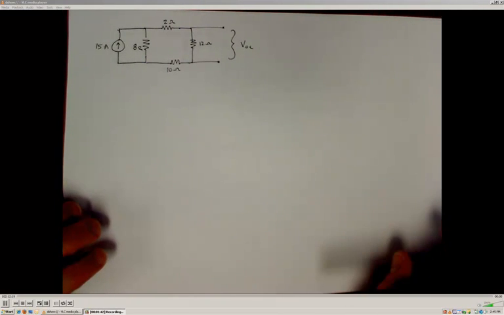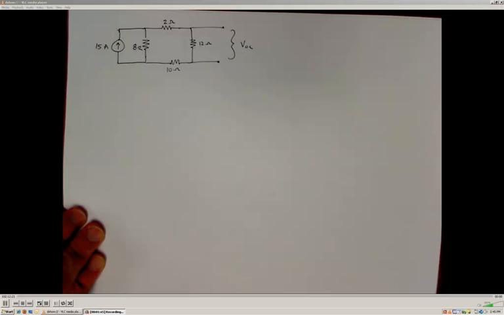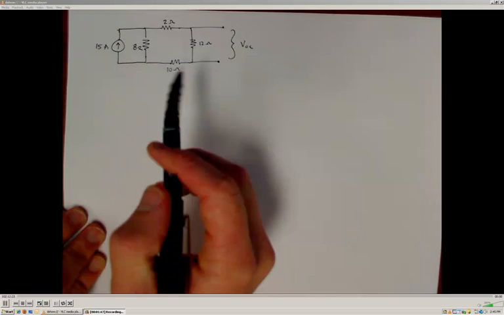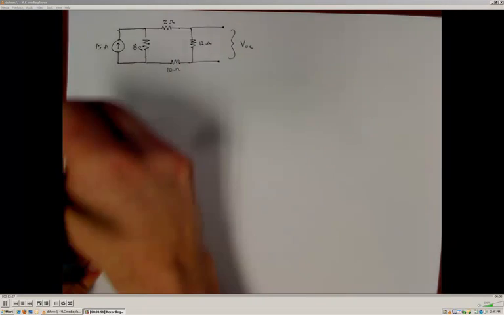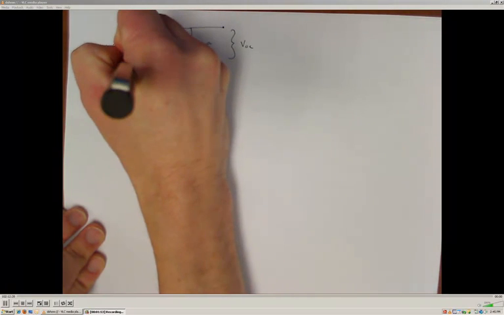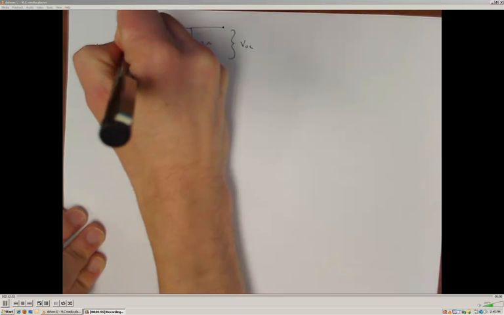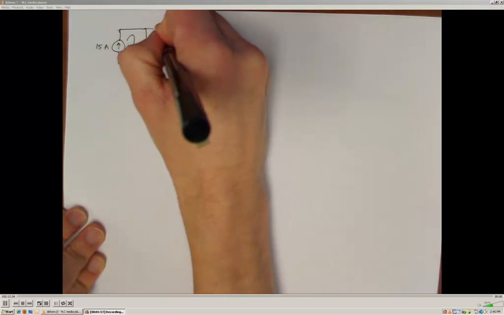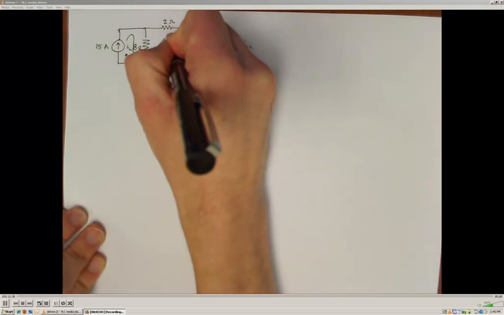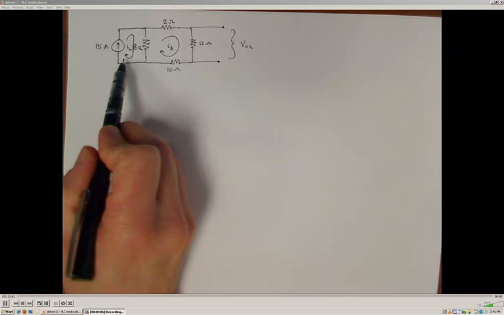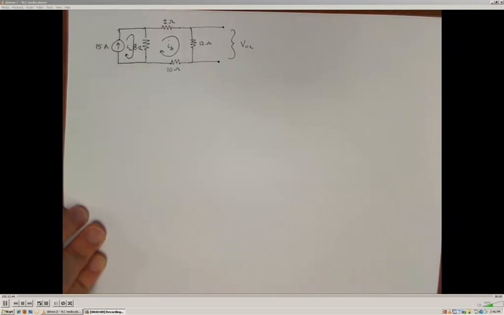But a slightly simpler approach can be had by recognizing that this circuit has two meshes, and to use the mesh current method, I'm going to establish two meshes here. You'll see quickly that because we have a 15 amp supply in one of the meshes, we already know that IA, that mesh current, is 15 amps.